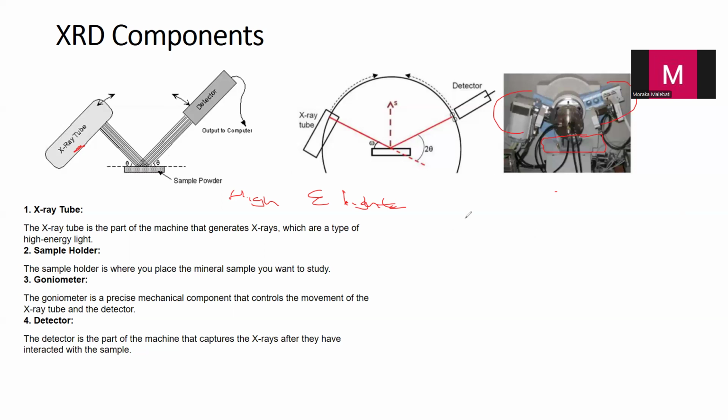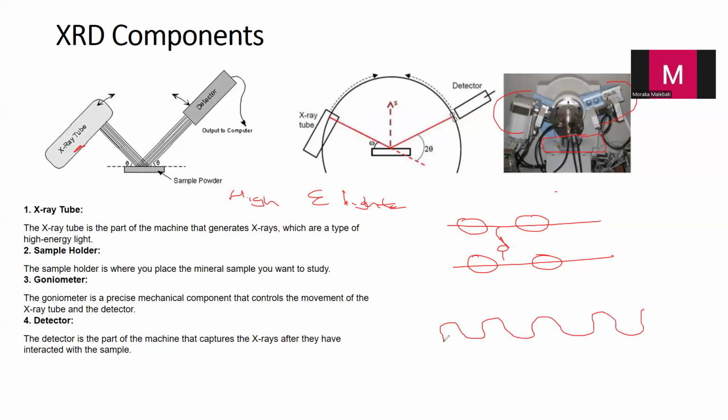I've already mentioned that if we have some atoms, then we have these planes, and this distance is d, the distance between the atoms in a crystal. Now these X-ray beams travel like this. Never mind my drawing, good people. The distance from here to there makes one wave, and this is what we call the wavelength.